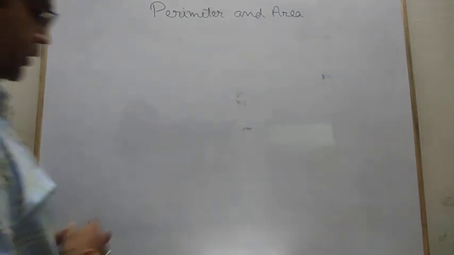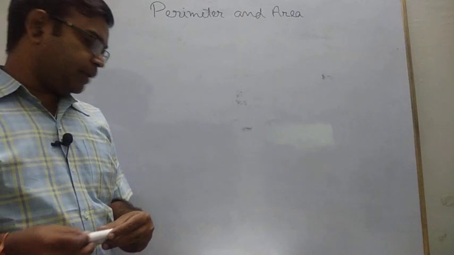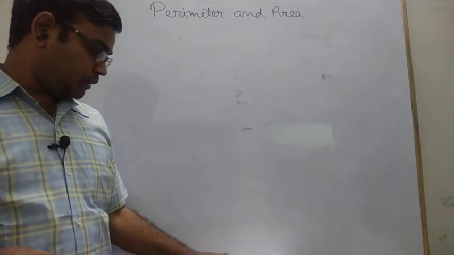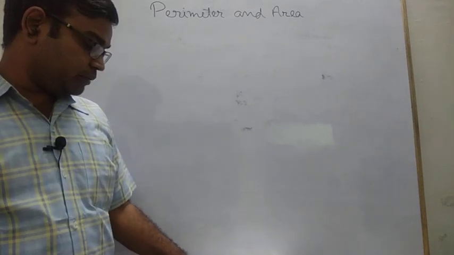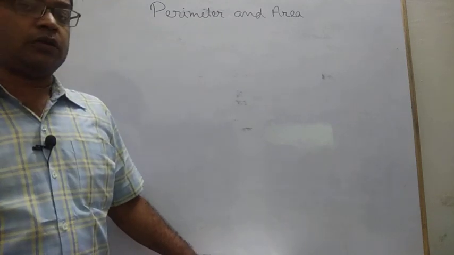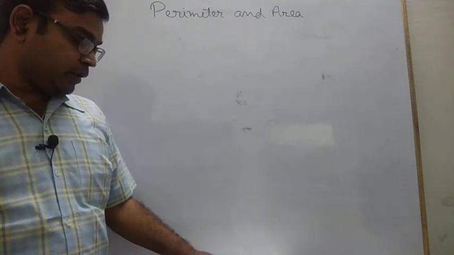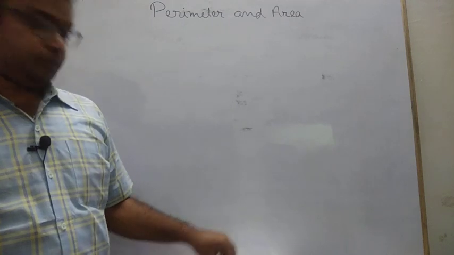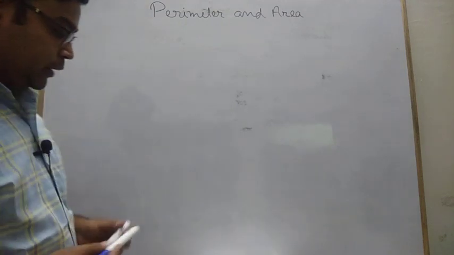Now the next question is there. A metal plate measuring some length, the measurement is given in centimeter, is cut into small squares of side given. How many squares will be cut? So let's start.